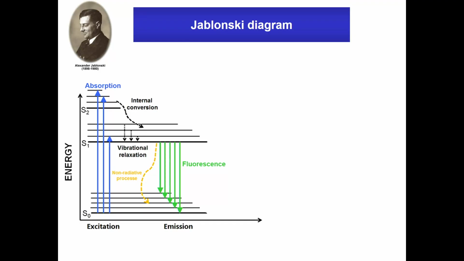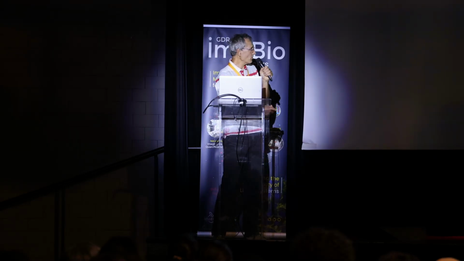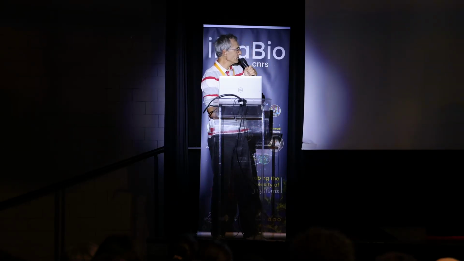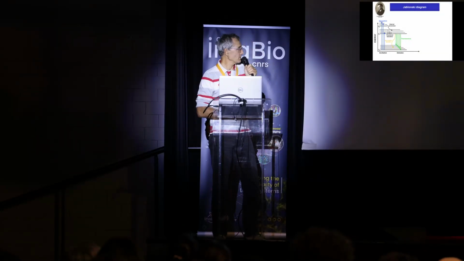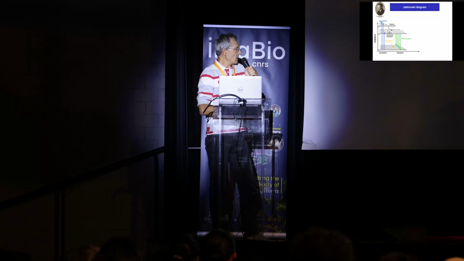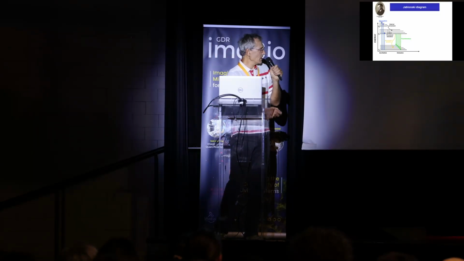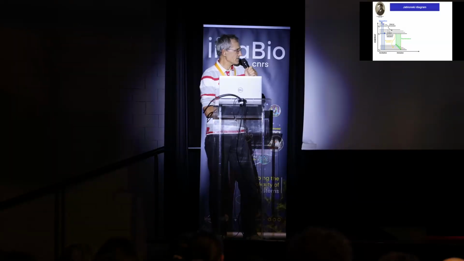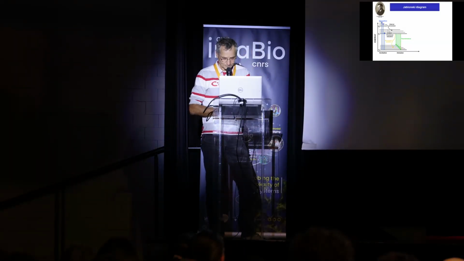From there, two things can happen. To return to the ground state, the system can either fluoresce by emitting a photon, that's radiative relaxation, or it can wiggle around and come back to the ground state by so-called non-radiative relaxation. The balance between these two routes gives us the notion of fluorescence quantum yield.